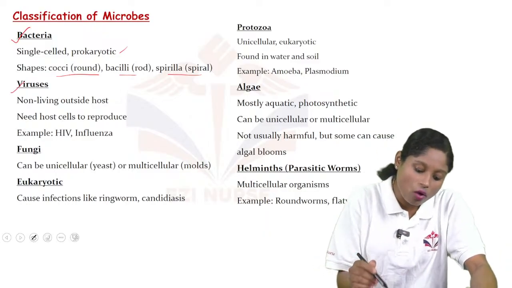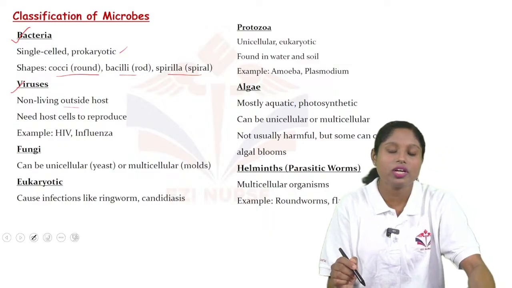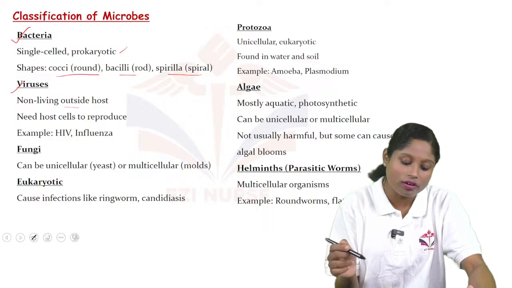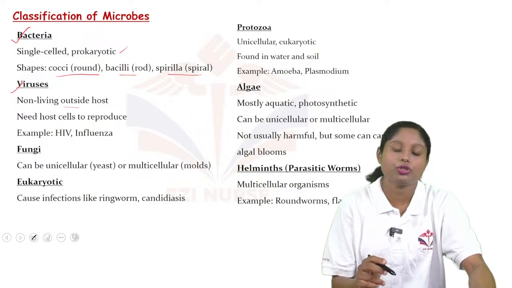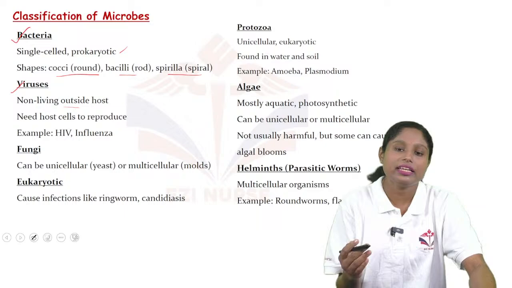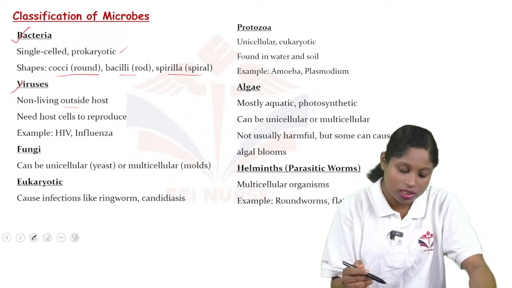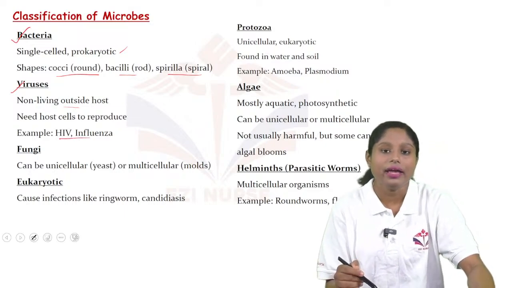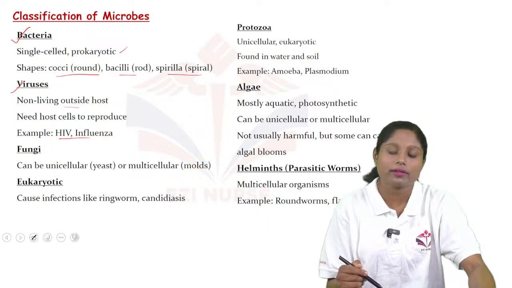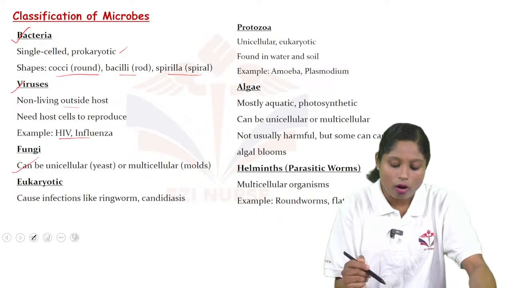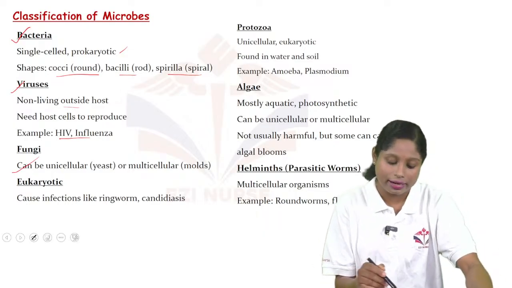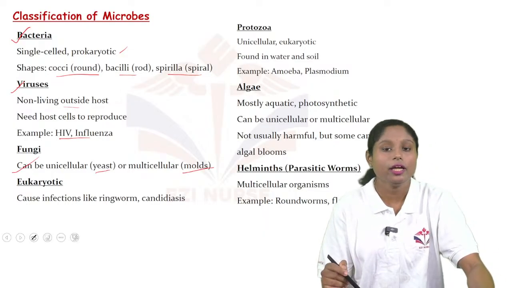Now coming to the viruses, they are non-living outside a host and need host cells to reproduce. Examples are HIV and influenza: human immunodeficiency virus and influenza virus. Fungi can be unicellular or multicellular. It's either unicellular like yeast or multicellular like mold.